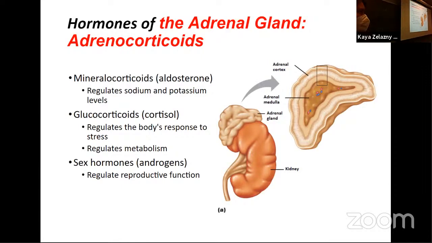Your adrenal cortex also releases glucocorticoids, so that's where we're going to be spending most of our time, talking about cortisol, which is a glucocorticoid. And cortisol is responsible for regulating the body's response to stress. We often think about it as a stress hormone. And I don't want you to think about cortisol so much as stressing you out, but actually cortisol is important for making sure you can adapt to stress and function well under stress.